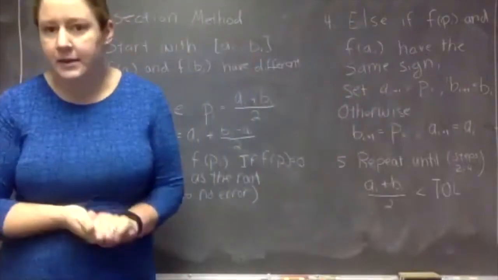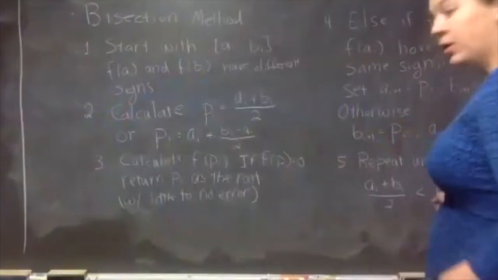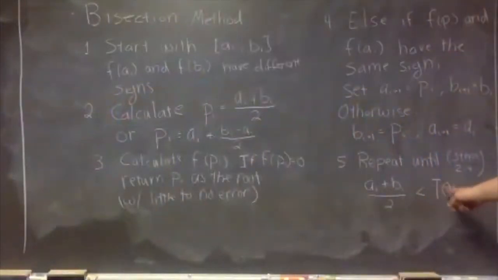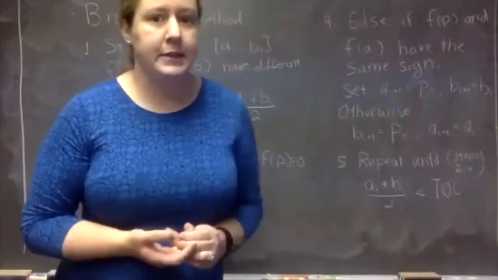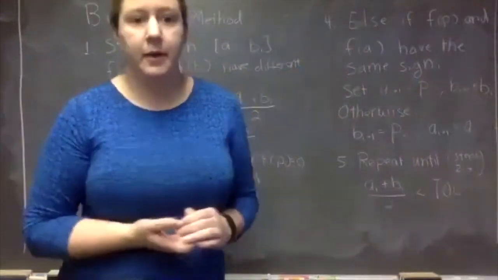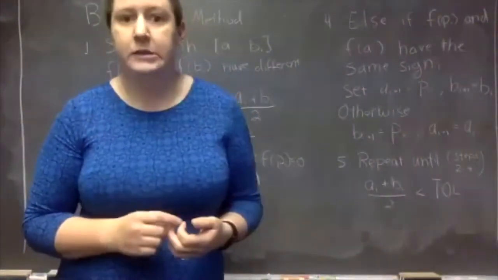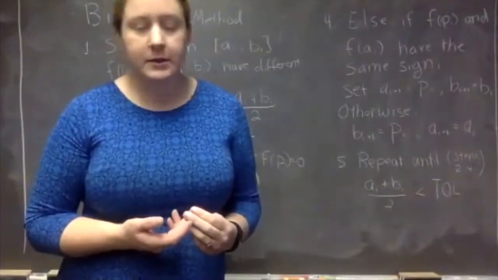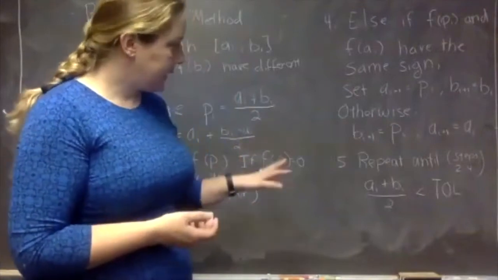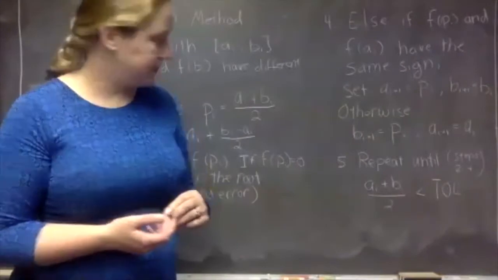I think I put it in this lab. Maybe I didn't, but I think I did. Maybe it's in the next lab. TOL is what we're going to use often for our variable name that expresses our error tolerance. So we want the error to be below 0.0001 or something, then TOL will be our error tolerance. So we keep repeating until our midpoint is below our error tolerance.